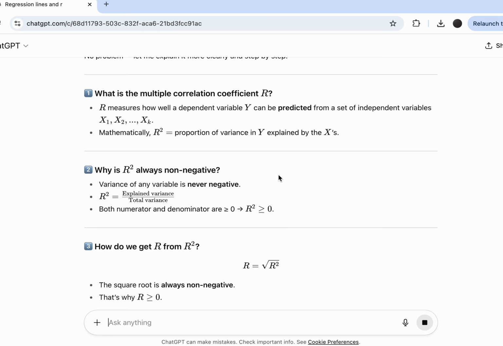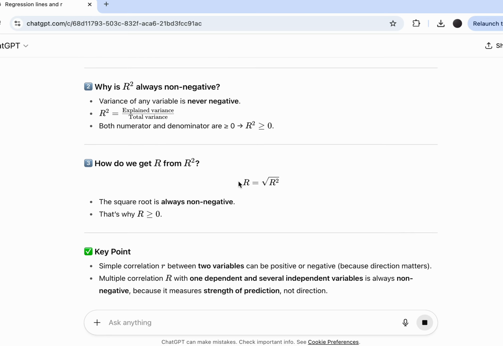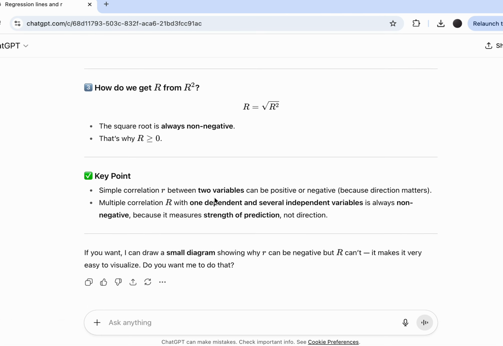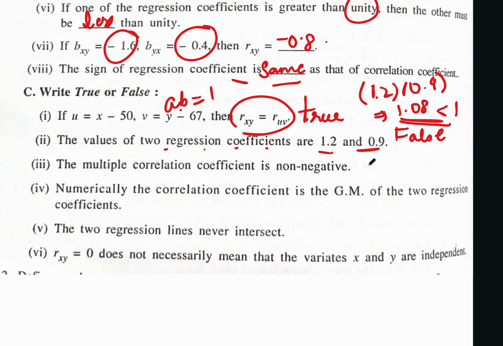R is explained variation, I don't know. Then R, another point, this also is a very important point. Okay, so this is true. R is always non-negative, I had no idea of this to be the case. Yeah, maybe, I don't know.